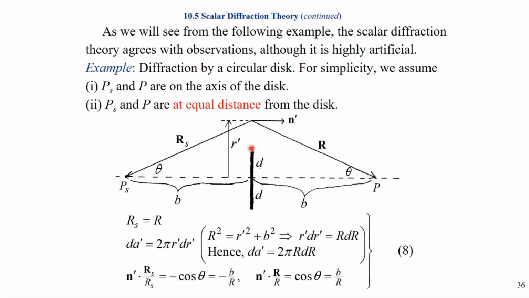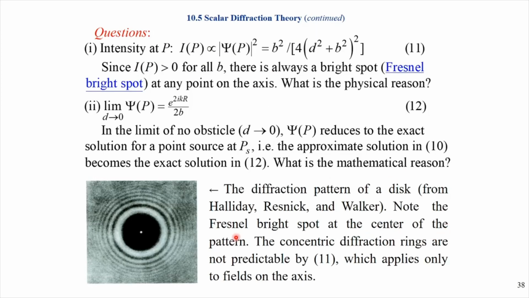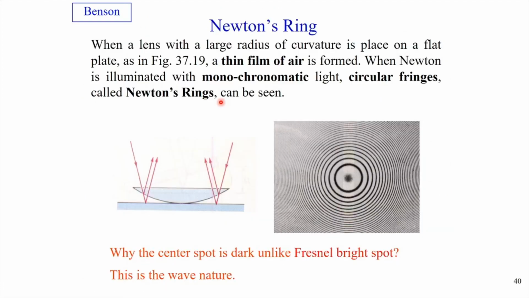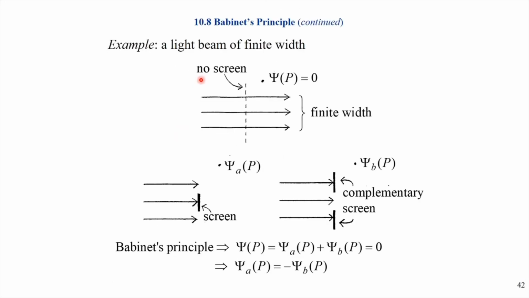The hole, the opening, is replaced with an obstacle, and we can calculate everything. And we will show you Babinet's principle, with the obstacle and with the opening. This one plus this one equals this one. Interestingly.